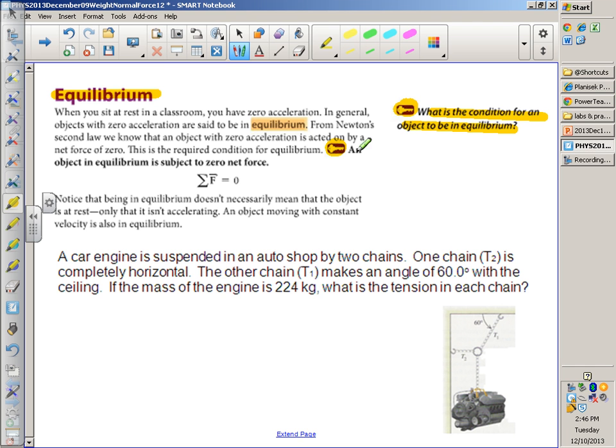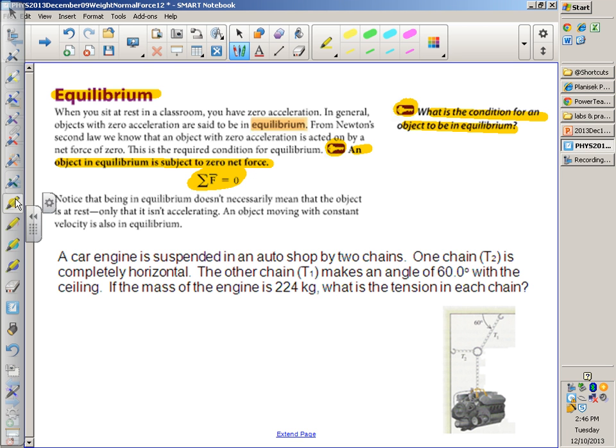An object in equilibrium is subject to zero net force, or the net force acting on the object is equal to zero. Flip that page, next page. So, an object is in equilibrium if net force is equal to zero. That's the condition for equilibrium.